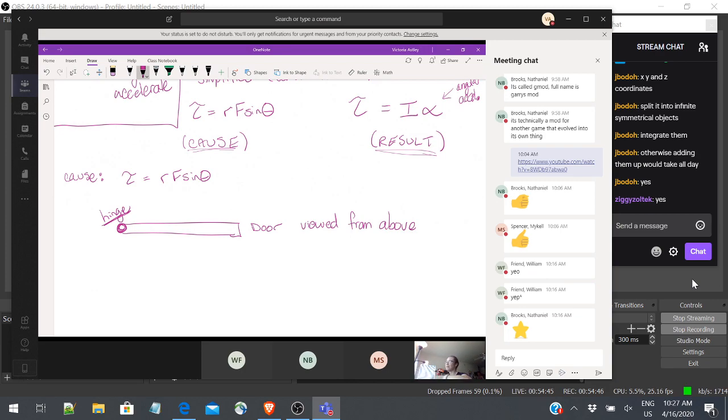We're not going to worry about a door jamb and which way it goes or anything like that. It's just like a door in a Wild West saloon. It just freely swings. So it has a hinge, which means this is a fixed axis. So we don't actually care where the center of mass is for this purpose.